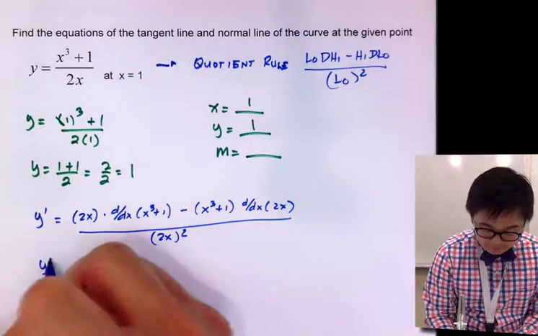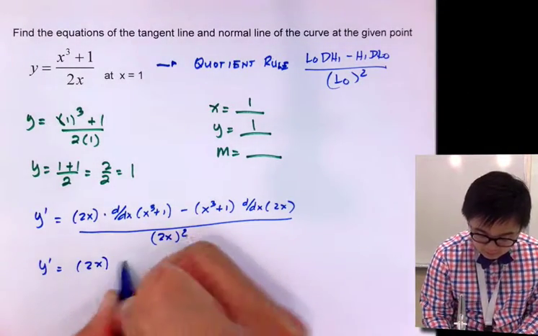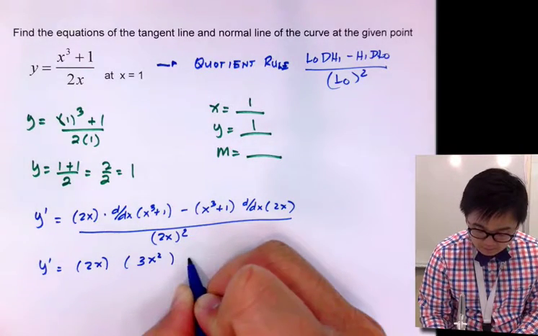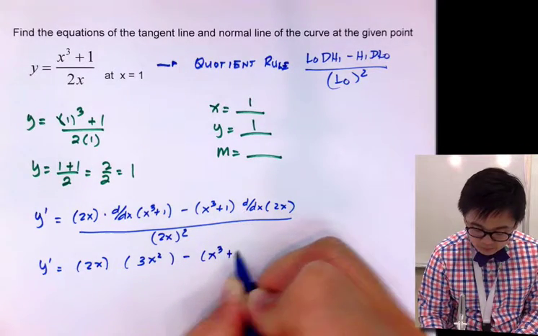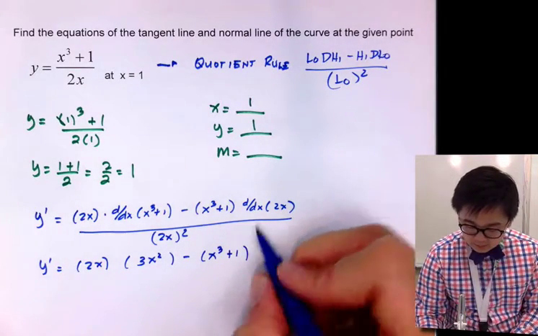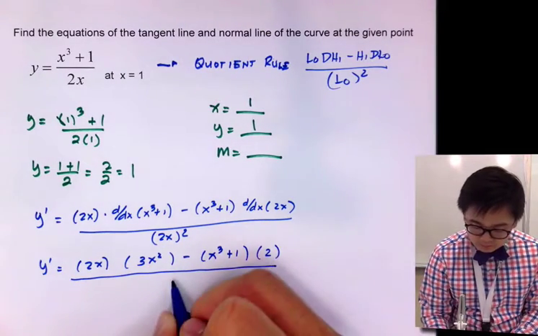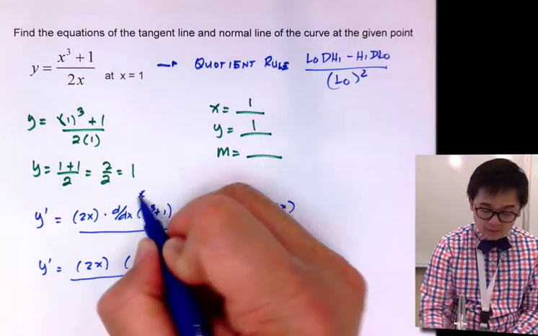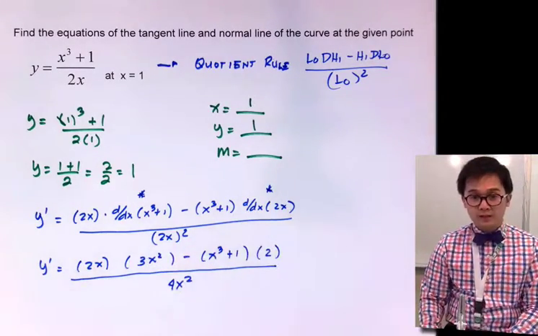And by simplifying it and applying the rules of the derivative, we'll have 2x times 3x squared minus (x cubed plus 1) times 2 all over 4x squared. So we know that we have taken this derivative and this derivative right here.